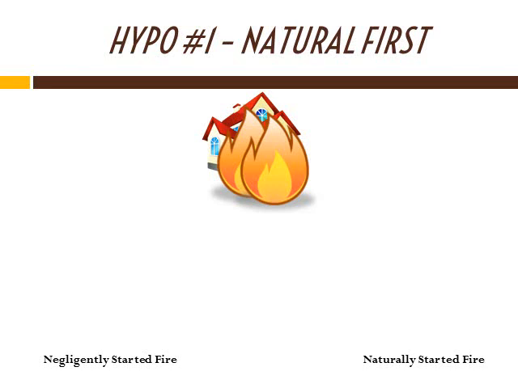And you can see this more extreme if we stretch out the time and say that the natural started fire got there 10 hours before the negligently started fire, burned it to the ground. The loss had already happened. So it doesn't really seem to make sense to have negligence in that case. Seems like in that case the defendant's, I guess, lucky, the defendant's not going to be held liable.